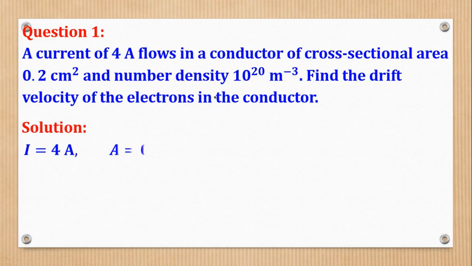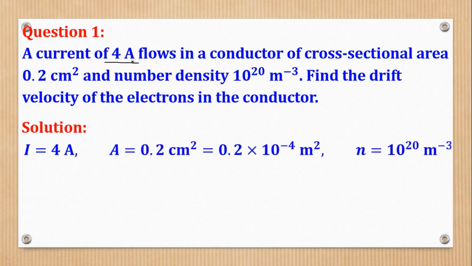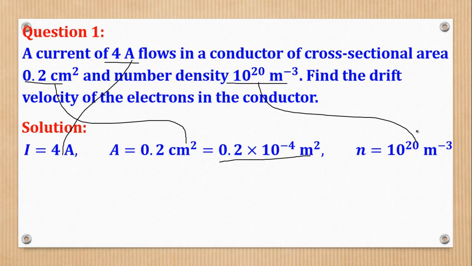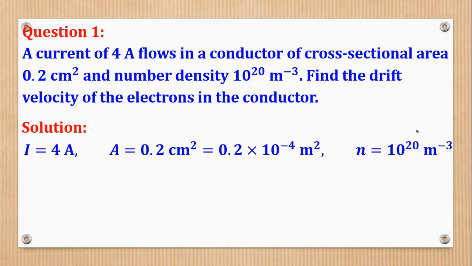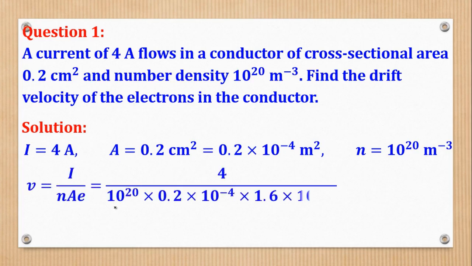First of all, this 4 ampere is I, and this one is the cross-section area, but it has to be converted to meters by multiplying by 10 to the power negative 4. Then the number density is small n, that is number of electrons per unit volume. So now that I know that, I can get my drift velocity which they want.